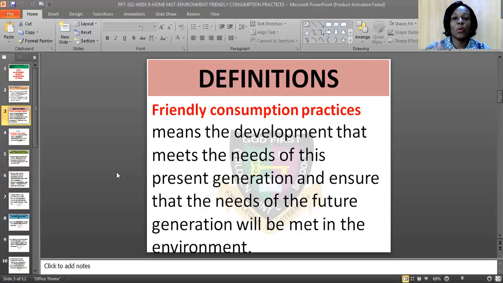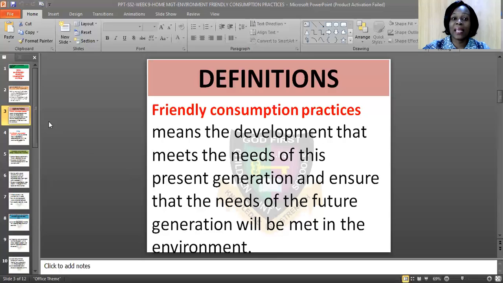Take for instance, we are consuming bottled water, isn't it? And when you consume the water inside the bottled water, you dispose the bottle, isn't it? But we know very well that that bottle will still serve the next generation that comes after us, if only we can manage it and handle it very well by using our 3 R's, that is recycling, reproduction, and so on.